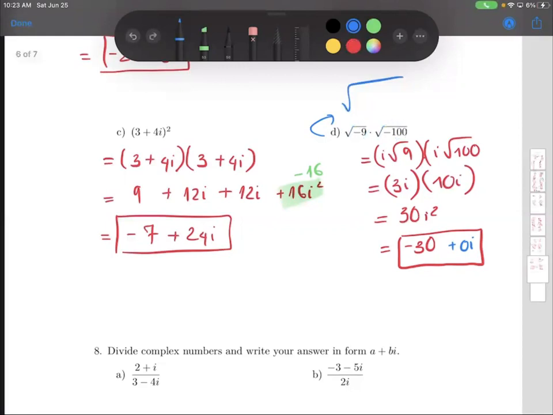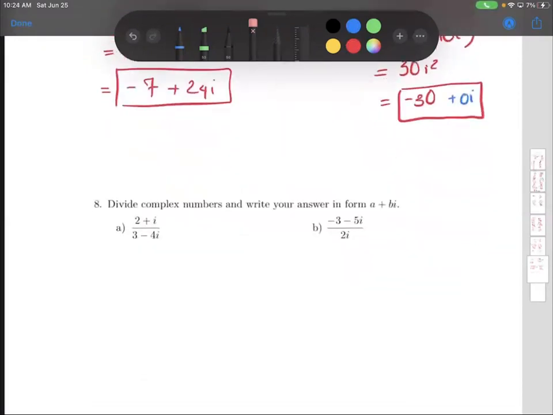So if you combine it under one root, I have negative 9 times negative 100 will be negative 900, positive 900, which is positive 30, right? Which is not the answer that we have. Because these are complex numbers, you have to make them into complex form first before you do the operation. Okay.